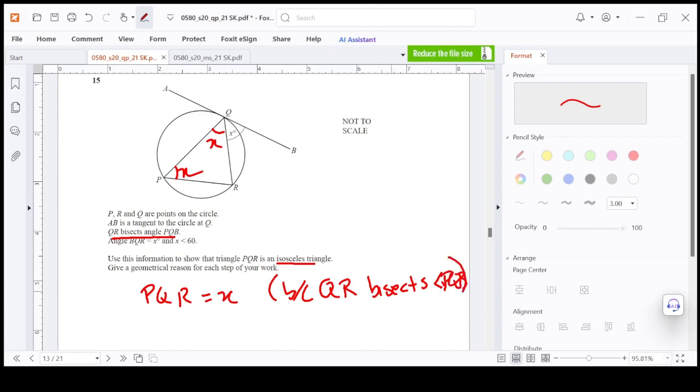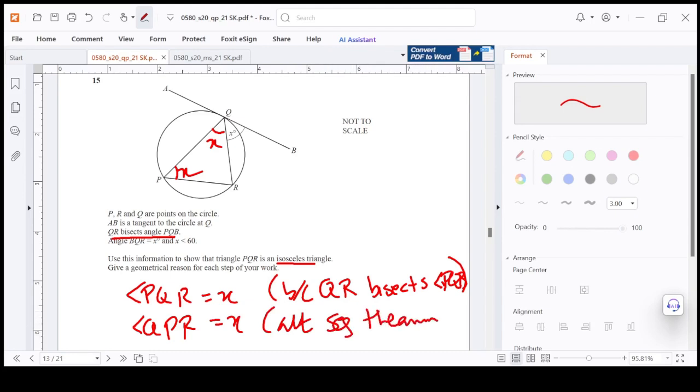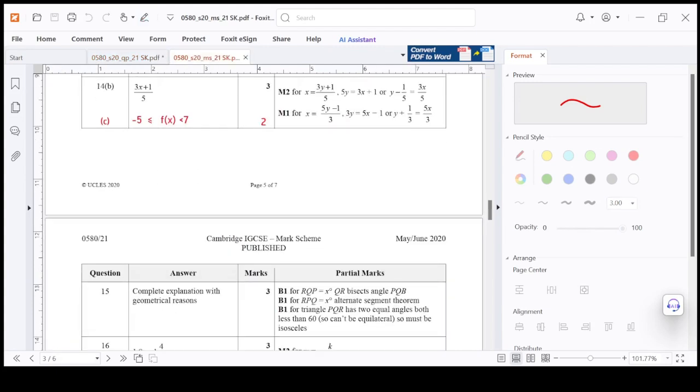And also angle QPR is also x because of the alternate segment theorem. So since two angles are equal, it's an isosceles triangle. Let me just see the reasoning mentioned here.